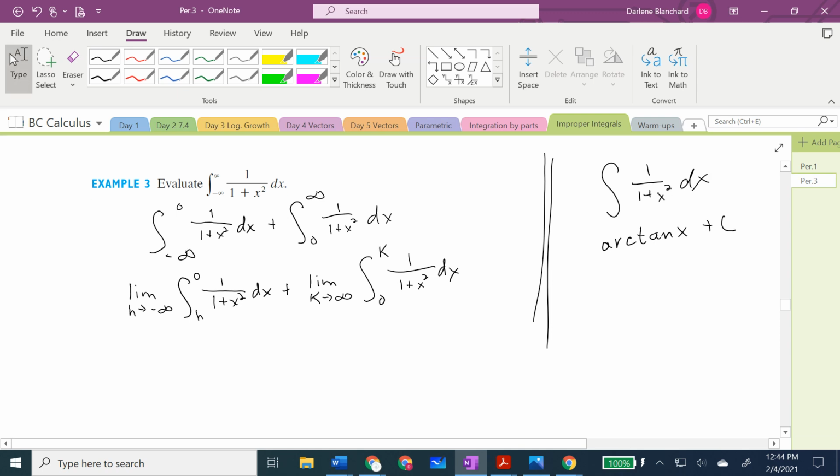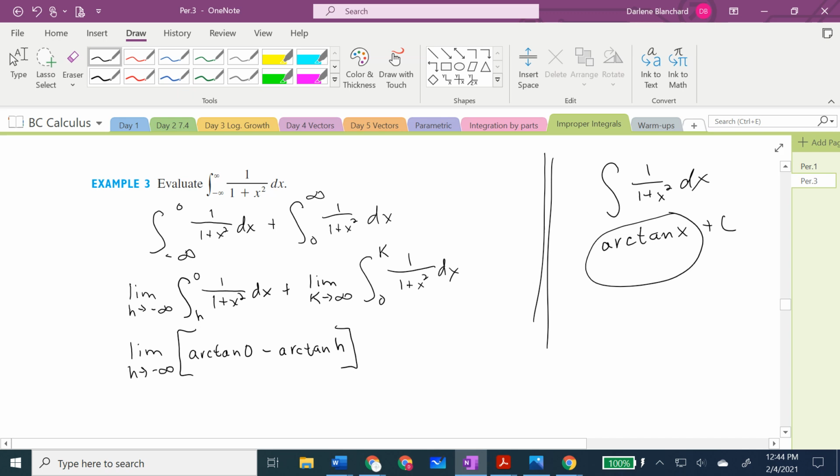So when I come back over here, arctangent first has 0 plugged in, and then it has h plugged in. And while I'm at it, I'm going to prep the other limit.